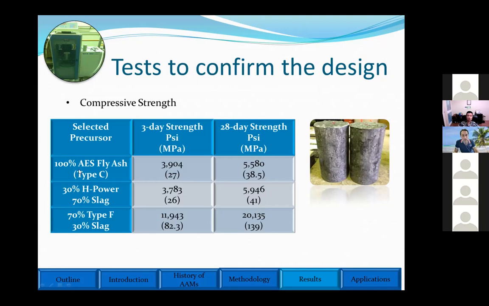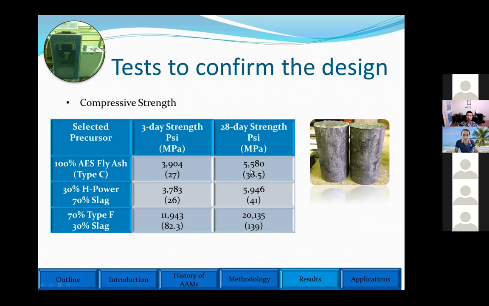So we could just use 100% Hawaiian fly ash without any cement, without any other type of material. And then, as you can see, we could get almost 4,000 psi after 3 days, and then 5,600 psi after 28 days.